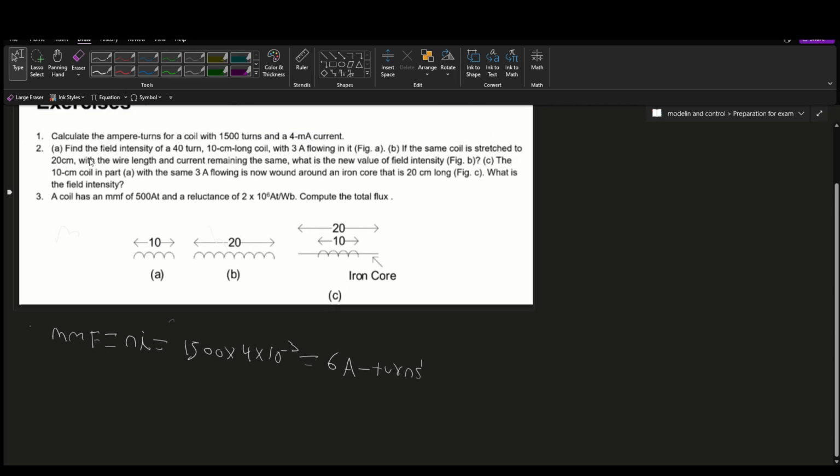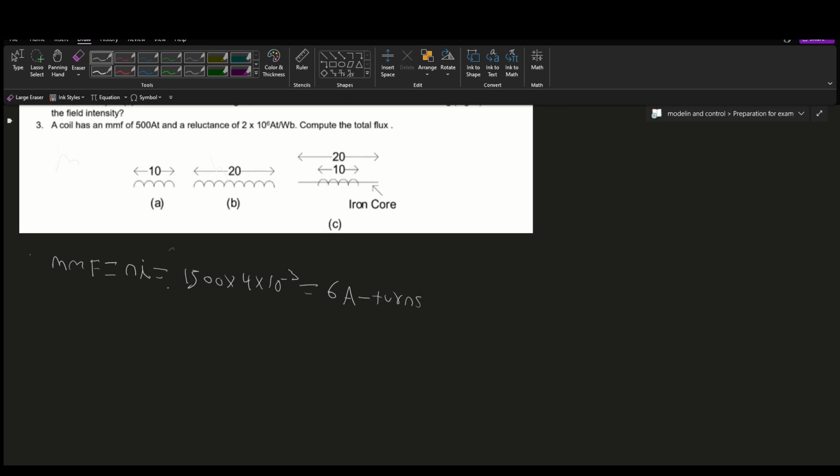Now we have to find the field intensity of a 40 turn, 10 centimeter long coil. So field intensity H is equal to the number of turns times the current over the mean length path that the flux is going through.